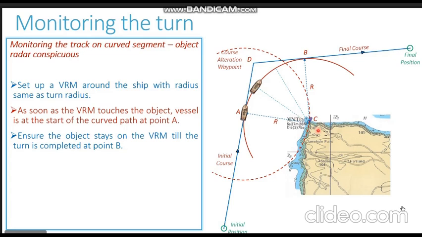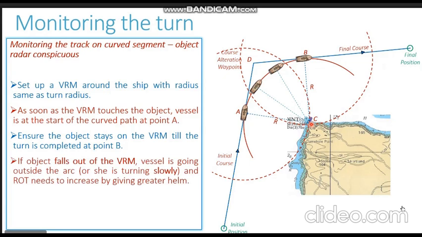We should ensure that this center of the turn, or the object, remains exactly on top of the VRM. Again, when the vessel reaches here, we ensure that the object is on the VRM, and when the vessel reaches point Bravo, again we ensure that the object stays exactly on top of the VRM.